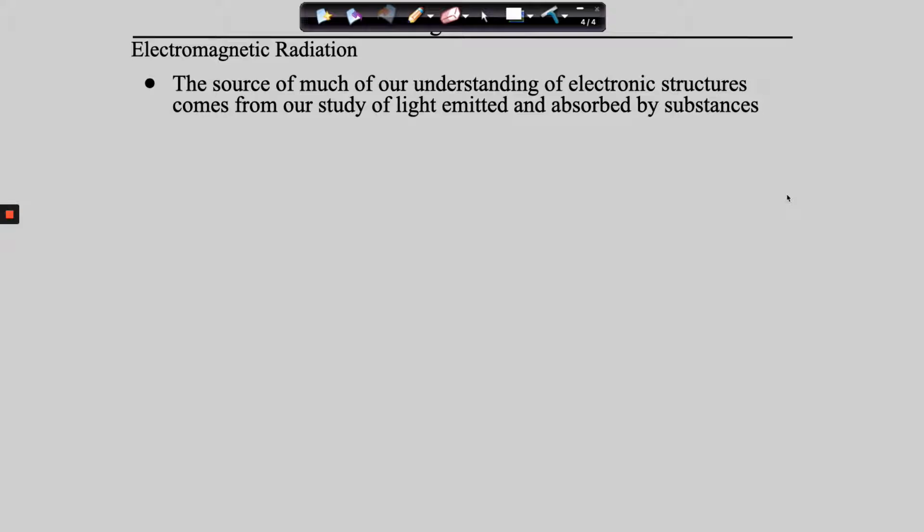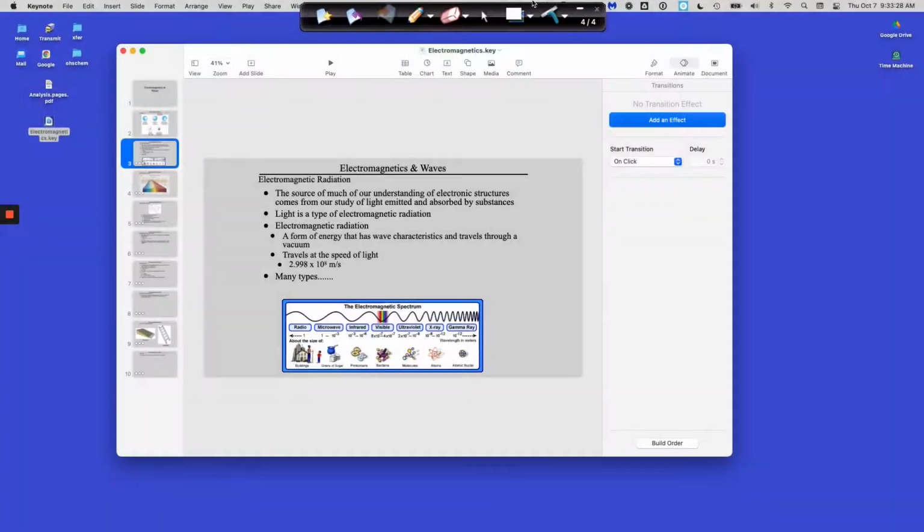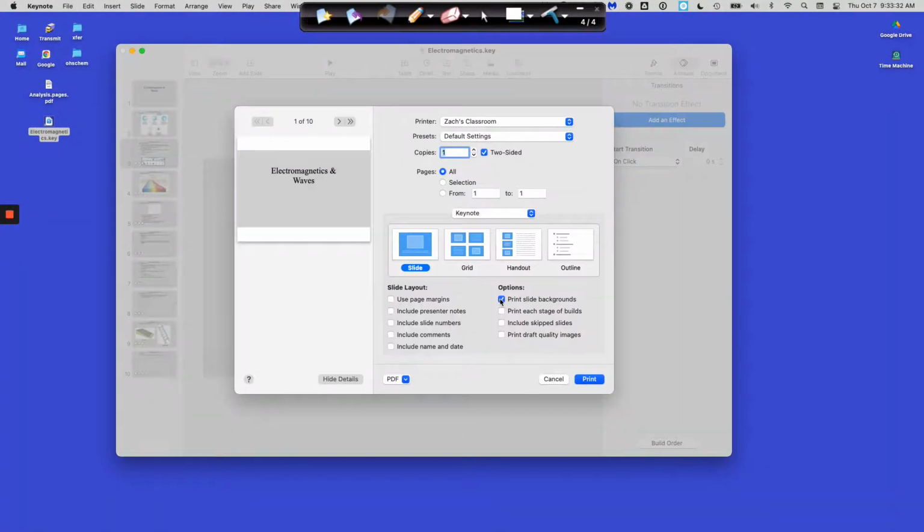And so that becomes our connecting idea, if you will. What we're going to do today is study light, and then we'll bring the electron piece into it next time.